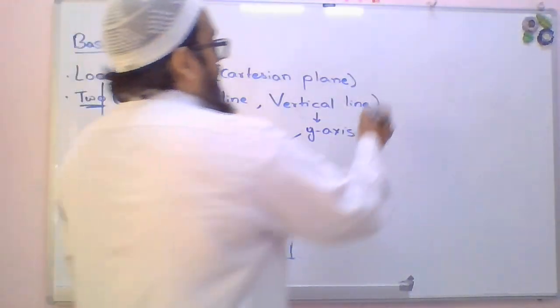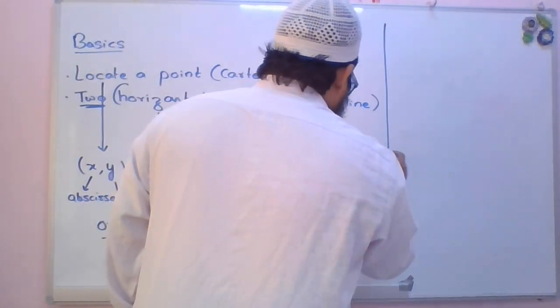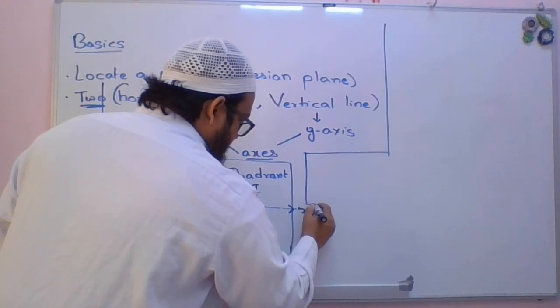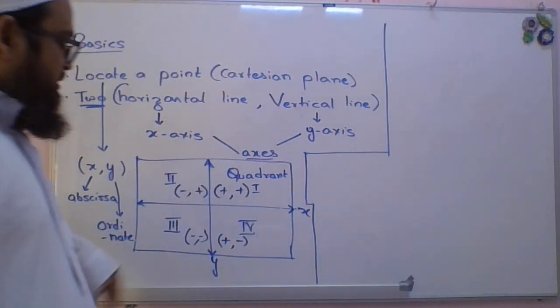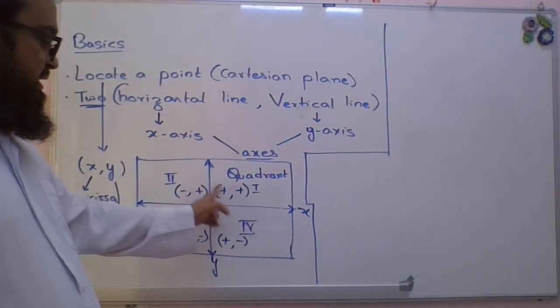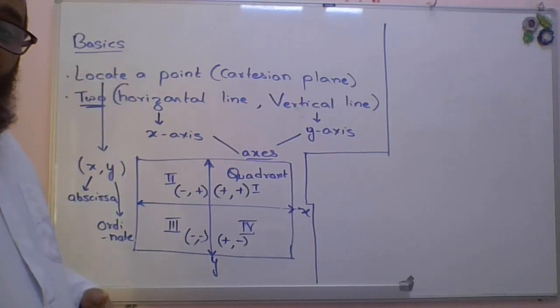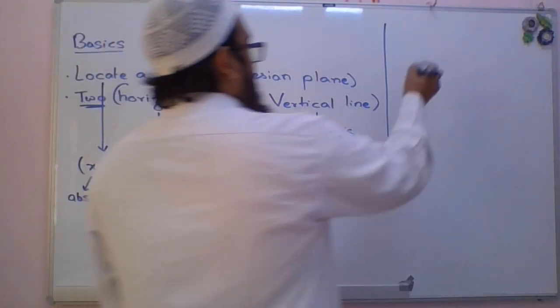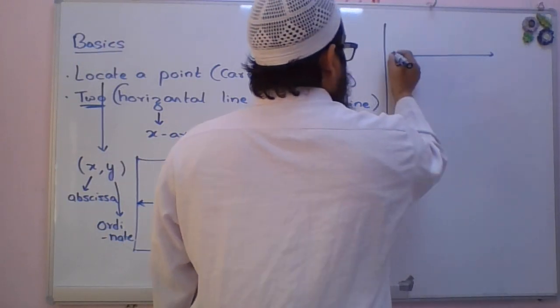Now what have we seen next? Quadrants are the spaces included in between the x-axis and y-axis, right? If a point is on the x-axis, let us say this is the origin O. What are the coordinates of the origin? 0, 0.